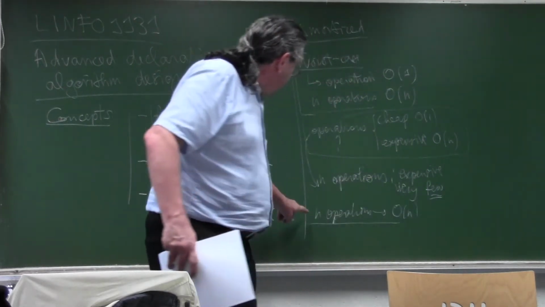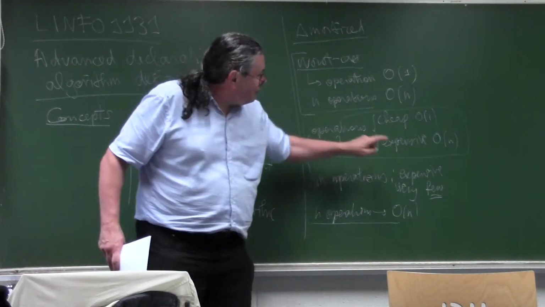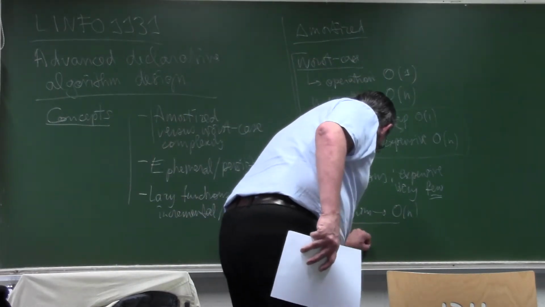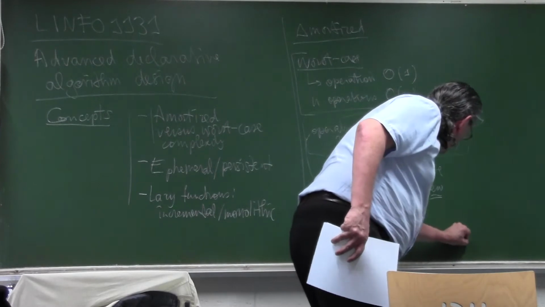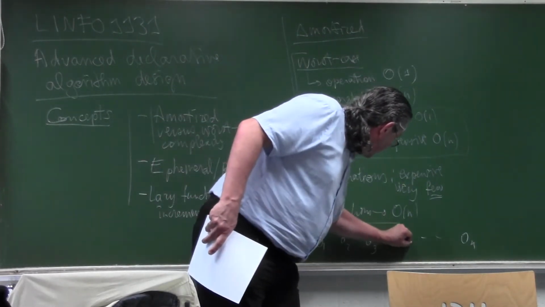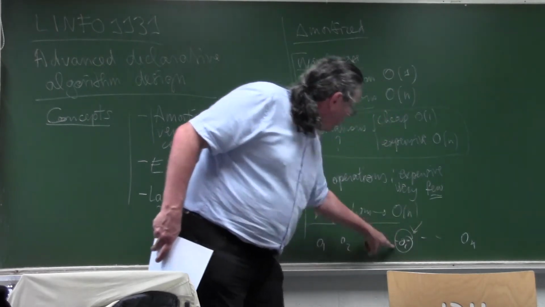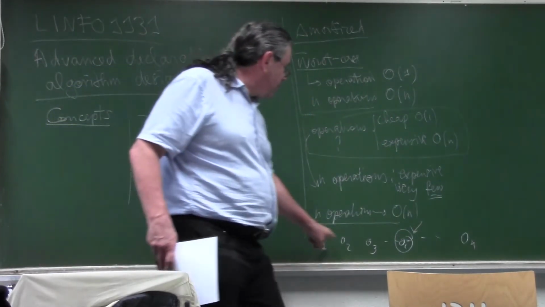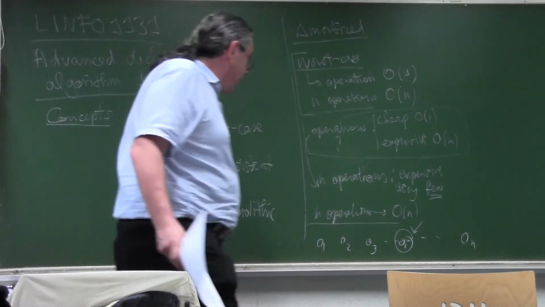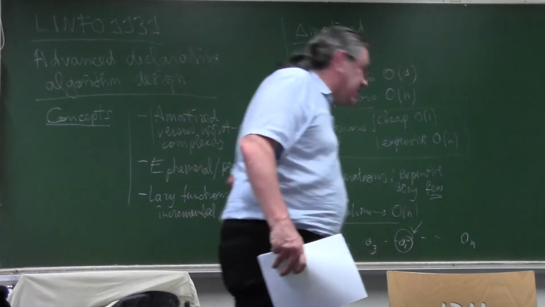So maybe there's only a very few expensive ones. If we have operations O1, O2, O3, up to On, maybe there's only one expensive one in here, and all the others are constant. Sometimes we have an expensive operation, but most of the time it's cheap.